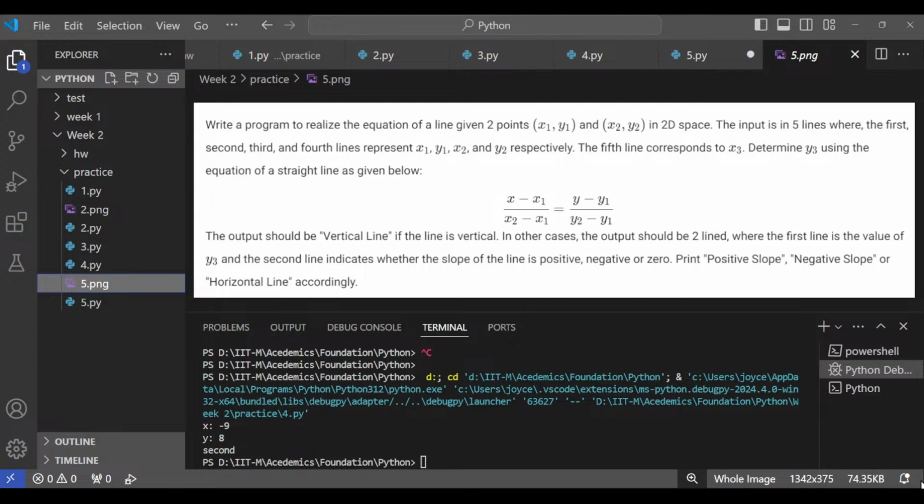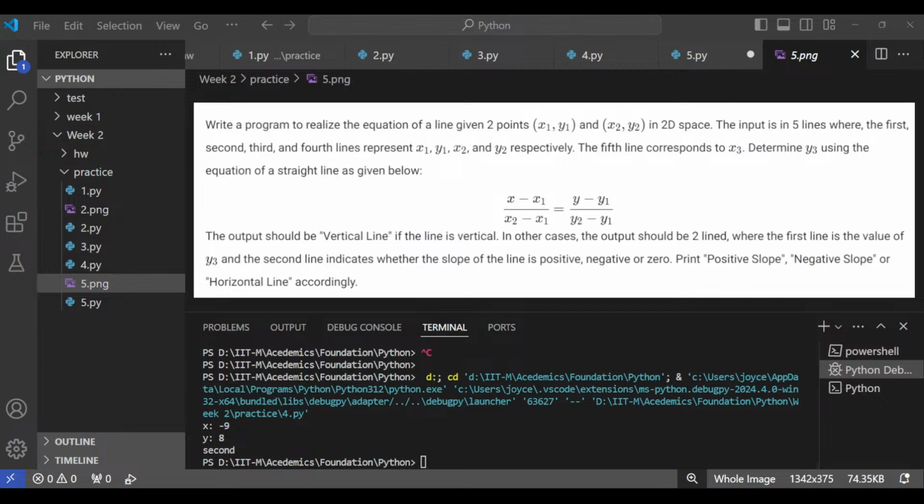The output should be vertical line if the line is vertical. In other cases, the output should be two lines where the first line is the value of y3 and the second line indicates whether the slope of the line is positive, negative or zero. Print positive slope, negative slope or horizontal slope.